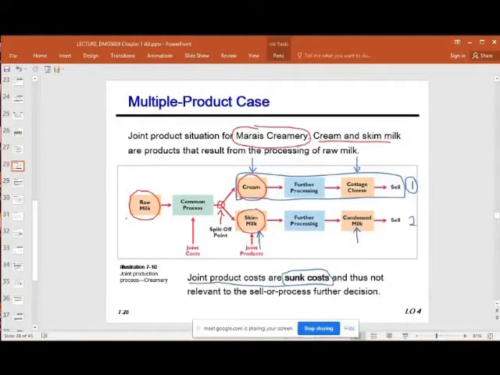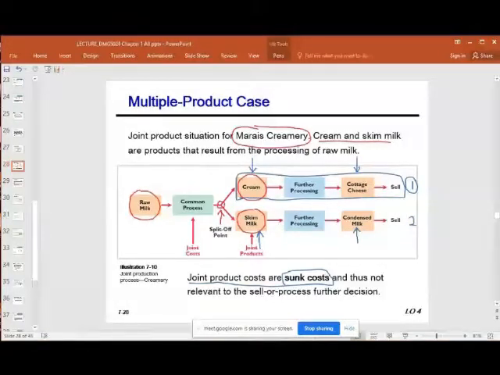The joint cost is outside the box, before the box. So joint cost is a sunk cost, you cannot put it into the decision. Your decision is only what is in the box, whatever numbers are in this box.